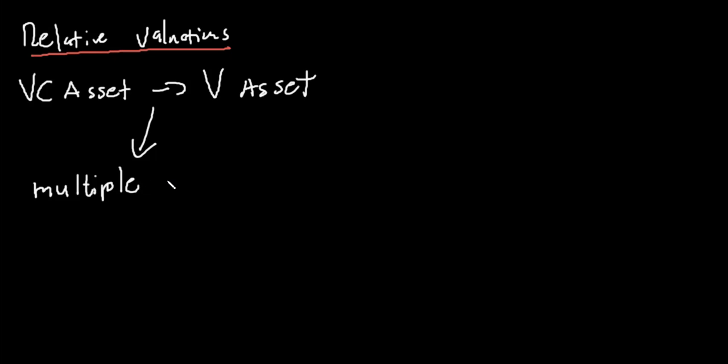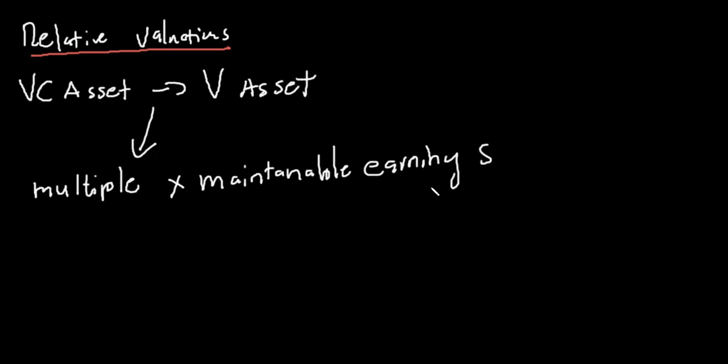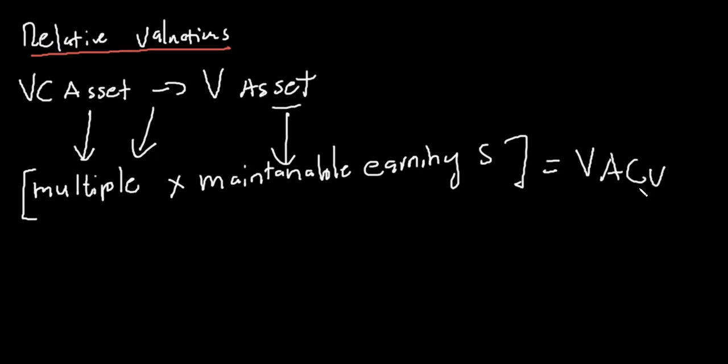And the idea is that if you take this multiple and you multiply it by some type of maintainable earnings, now, these maintainable earnings being of the company that you try to determine the value for, i.e., this asset. So when you take a multiple of a comparable entity here, and you multiply it by the maintainable earnings of the company that you're trying to value, right? The outcome of this will be the value of the asset or the company that you're trying to value. And that's the basic premise of a valuation.